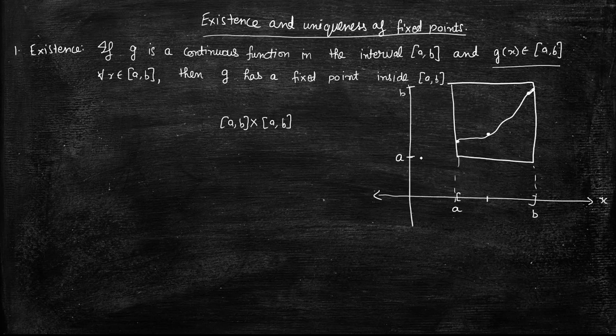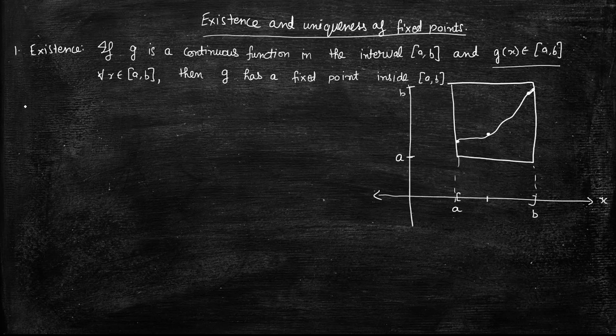So this statement says that if we make a square from a to b on the x-axis and y-axis, where these coordinates are determined by these coordinates, then function g will lie completely inside this square. And if function g lies completely inside this square where a and b are variables, then g has a fixed point. So how to prove this?